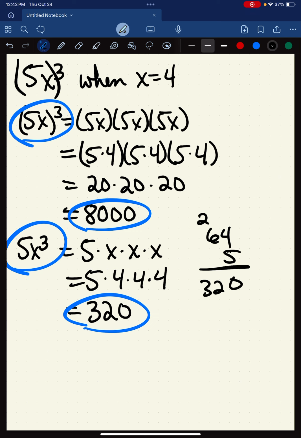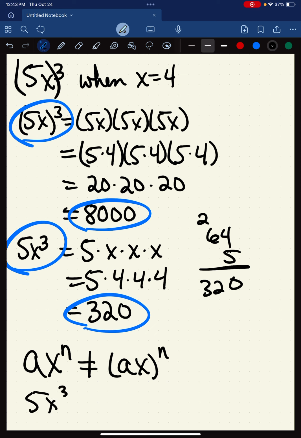So in general, we can actually say that (ax)^n is not equal to ax^n. So (5x) cubed is not equal to 5x cubed.